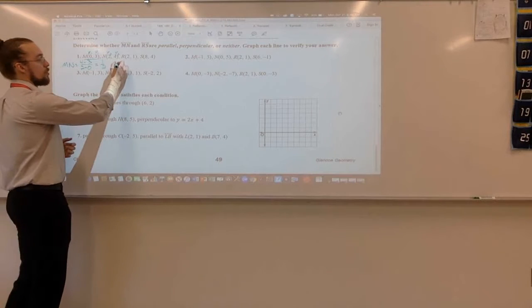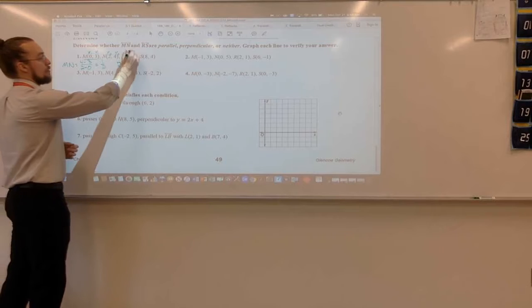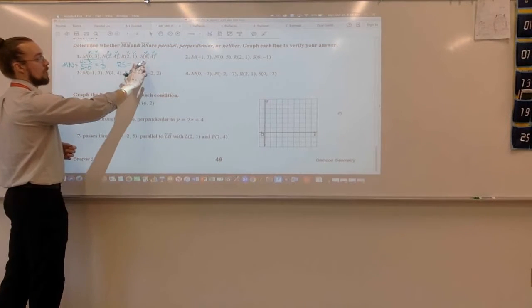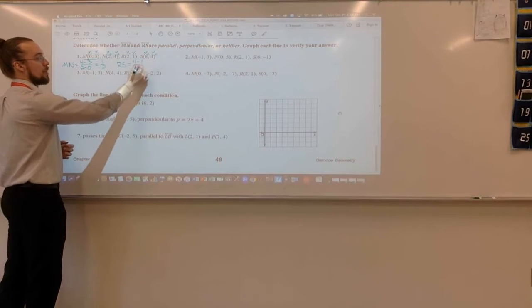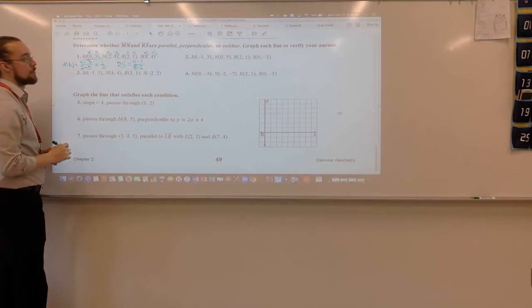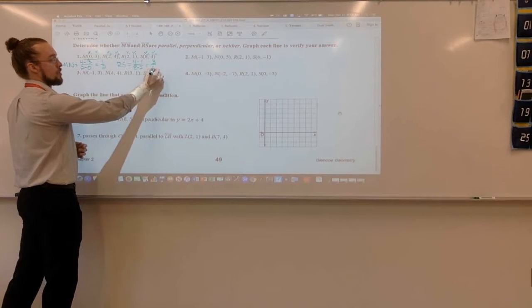Now the same thing for RS. So I will have, let's label x1, y1, x2, y2. So my y2 minus y1 will be 4 minus 1 over 8 minus 2. So we'll end up with 3 over 6.